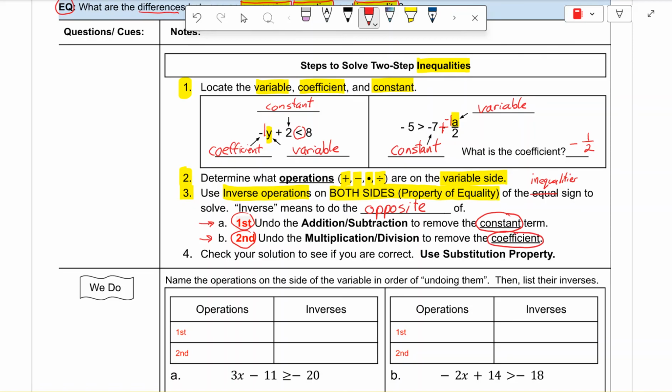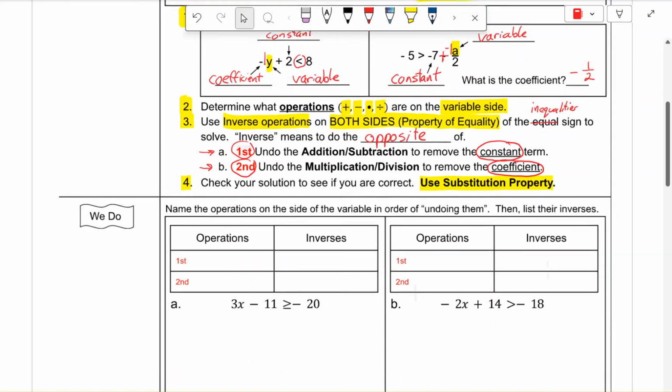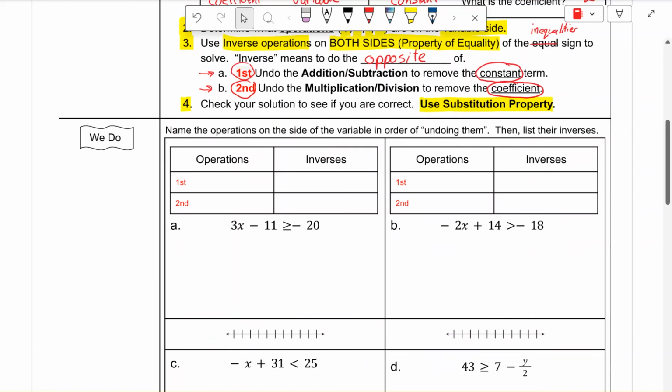And then finally, number 4, check your solution to see if you are correct. And to do that, we use the substitution property. All right, let's go ahead and get into the we do's and do this, and then move on so you can practice.